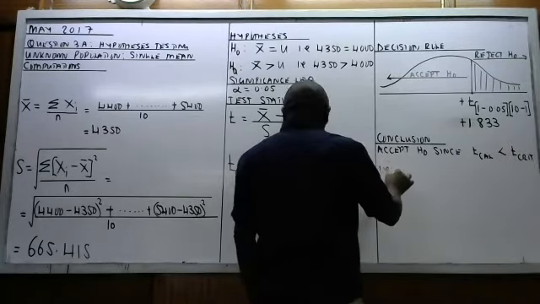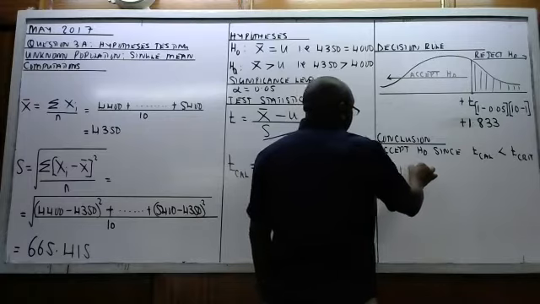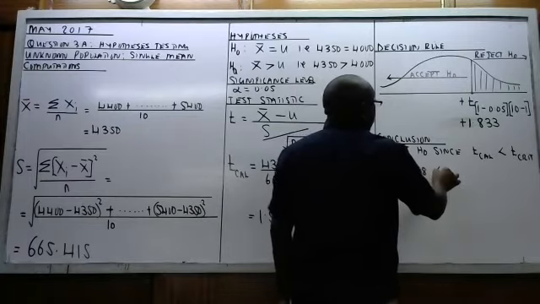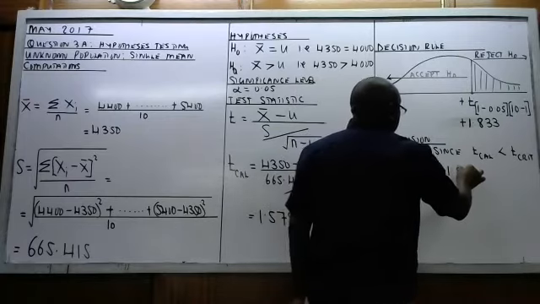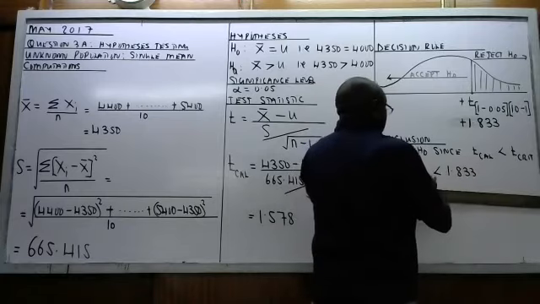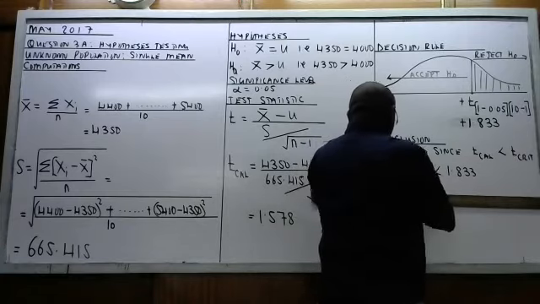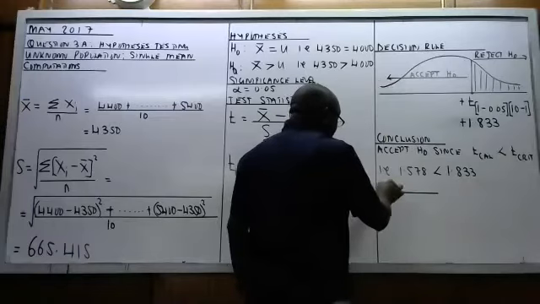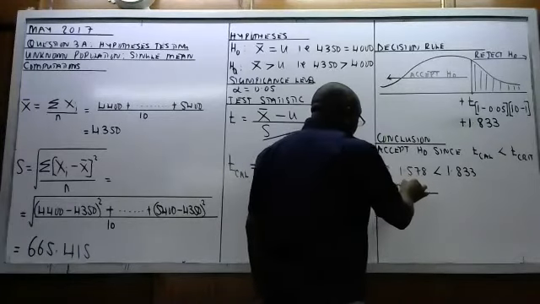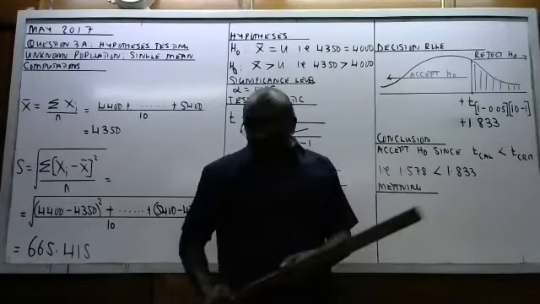That is, 1.578 is less than 1.833. So after you write that, we will now write the meaning of that.